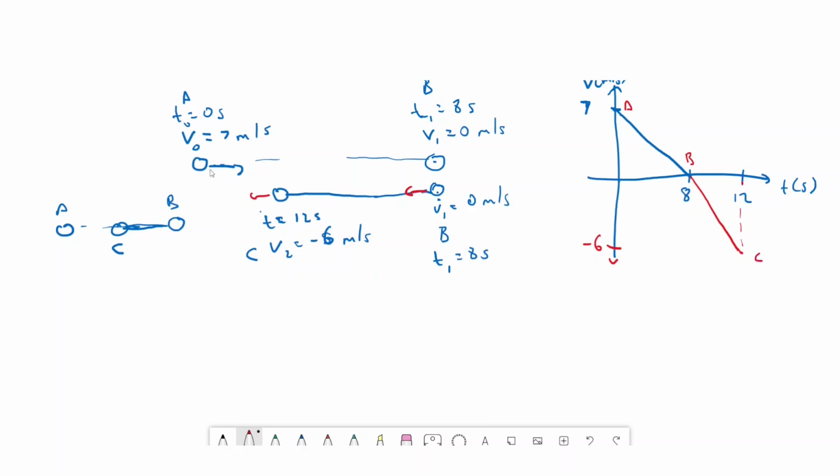So we are assuming that the observer was here when they first started seeing the car moving. They were already in the same position, because if the observer was here, then the graph would look a little bit different. The velocity time graph would look the same, but the acceleration time graph would be something else.